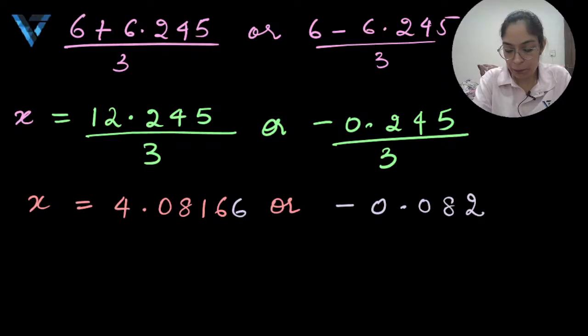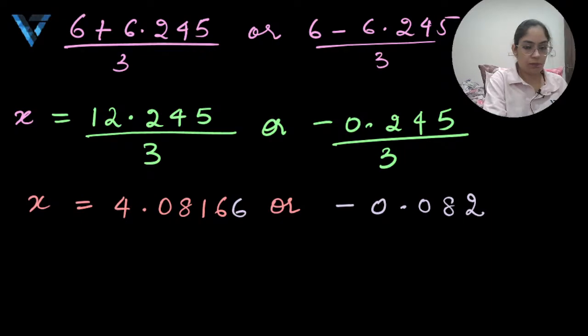Because the final answer only we have to write up to 3 decimal places. 0.6 is repeating.